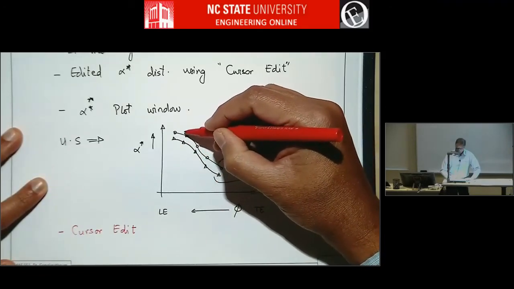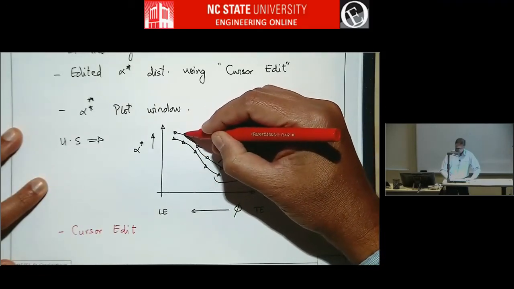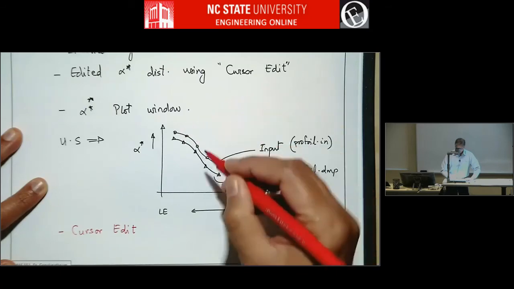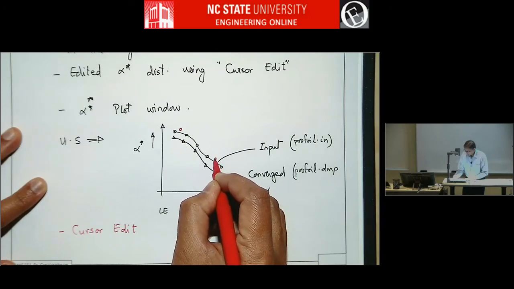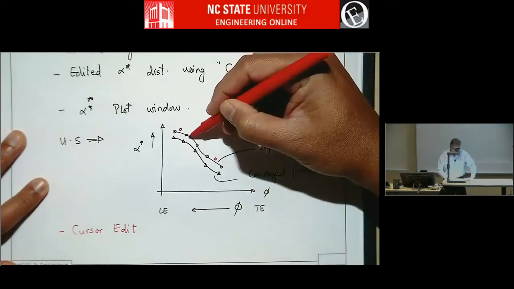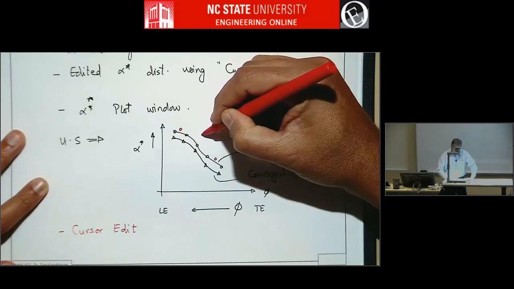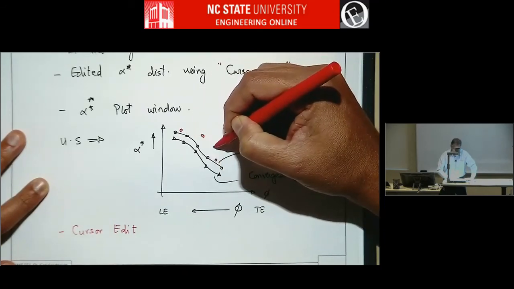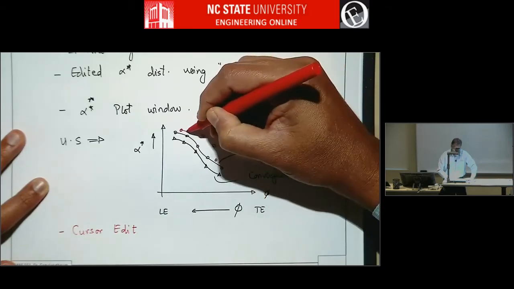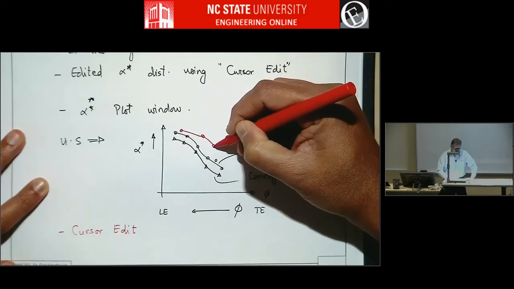So suppose you want to change the input to something like this. You put a point here, and then you put a point here, and it will draw a straight line between those two. Then you insert another point here, and it will draw a straight line between these. Then you can put another point here, and in the end, it'll do this.